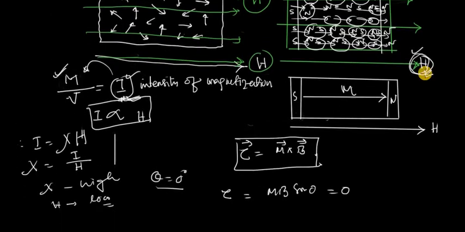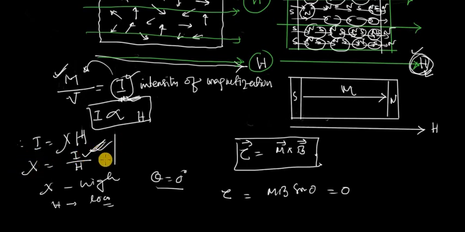So a low H corresponds to a high chi, which signifies that we need a very low amount of H to produce a significant amount of I, or you can say the sample is easily magnetized. And if we need a very high amount of H, then it corresponds to a low chi value, that means the sample is not easily magnetized.